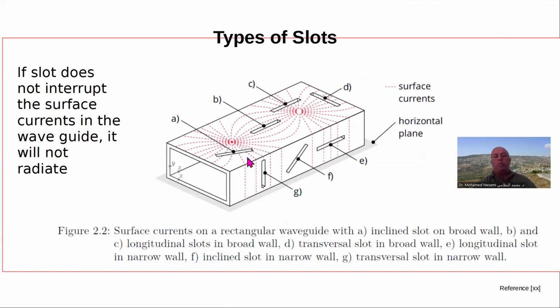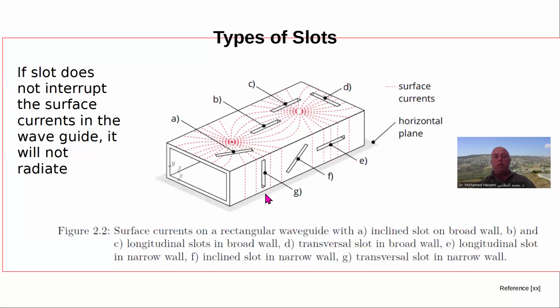Now, let's look at this nice diagram that shows these slots in a waveguide. As I told you, if the slot doesn't disrupt the current flow, it will not radiate. So meaning, this one here, B, will not radiate because it's alongside the current, and the current can just go around it.